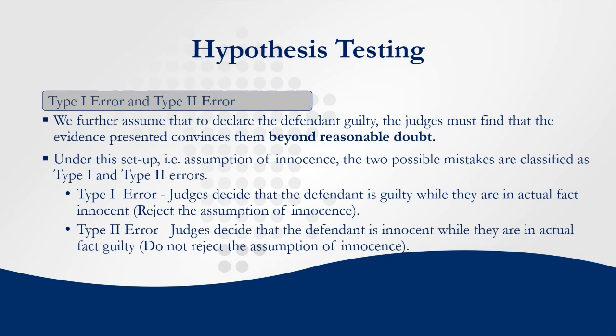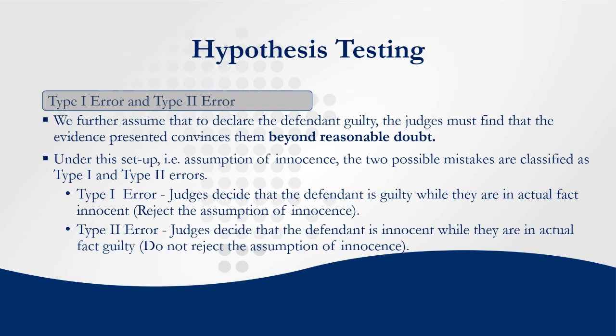The judge can decide that the person is guilty while they are in actual fact innocent. So they reject that initial assumption of innocence. Their rejection is based on the evidence, right? But they might reject the assumption of innocence, while in actual fact the person is innocent.